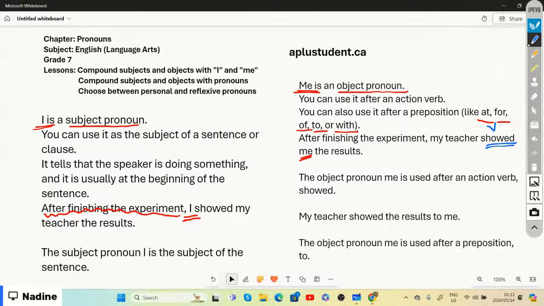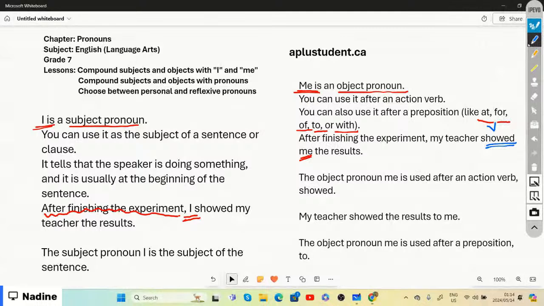And the subject pronoun tells us what the speaker is doing, where I is the speaker: I showed my teacher the results. With the object pronoun, it is used after the action verb, so my teacher showed me the results, or the teacher showed the results to me.